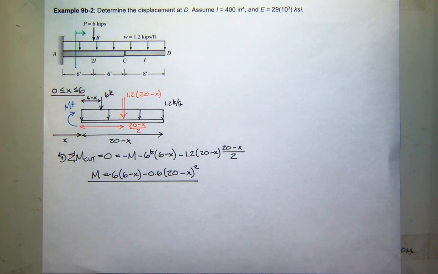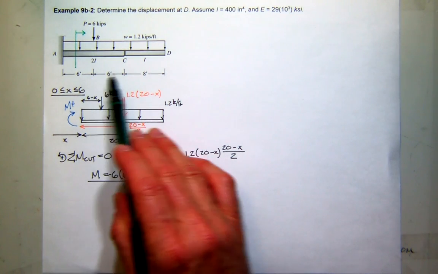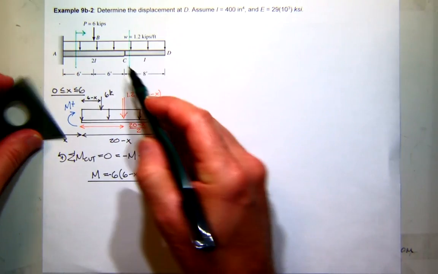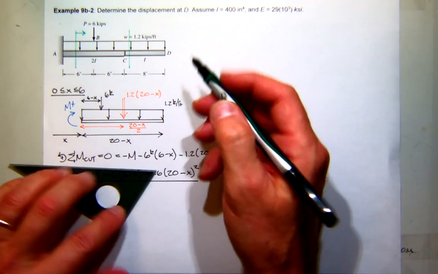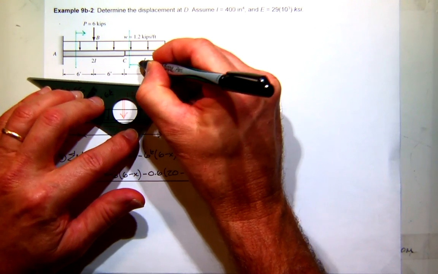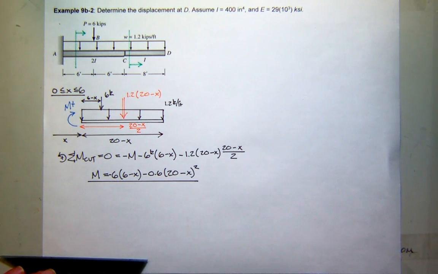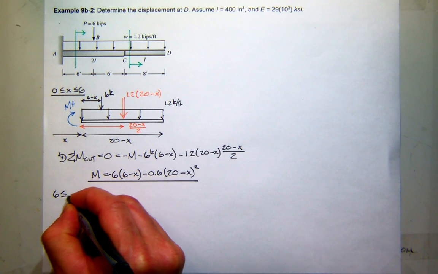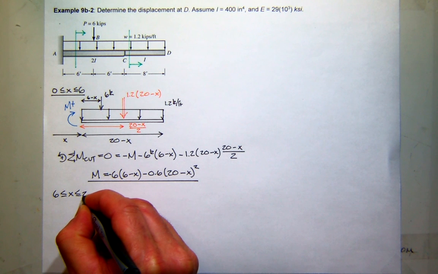Okay, so the next moment I need is somewhere between 6 and 20. Let's say I'll cut it here. Left or right. We've already gone right. Let's continue to do that. So the moment from 6 to 20.